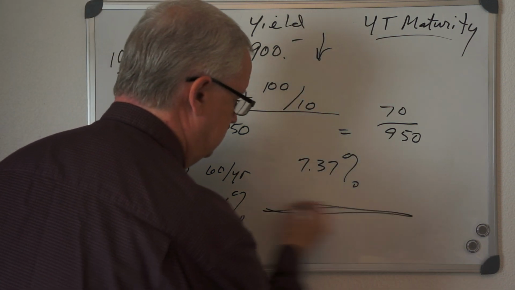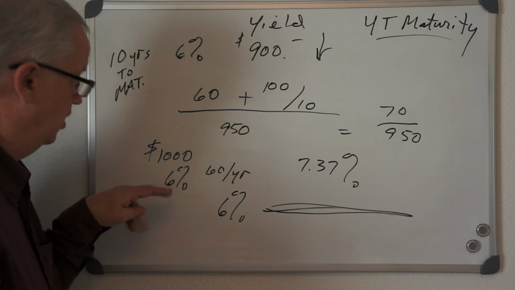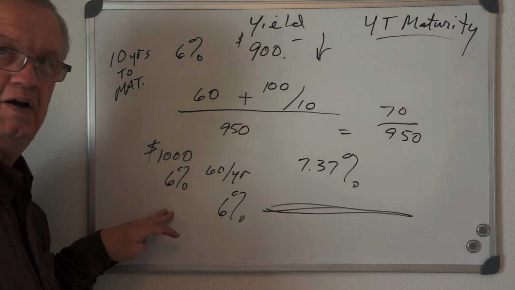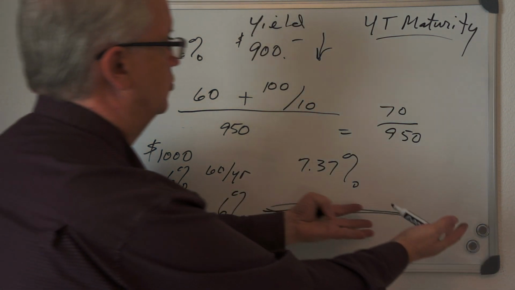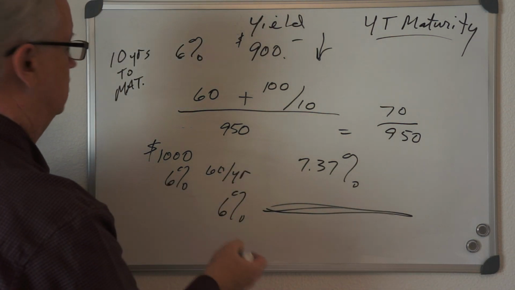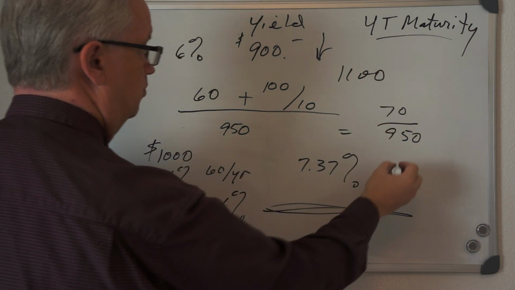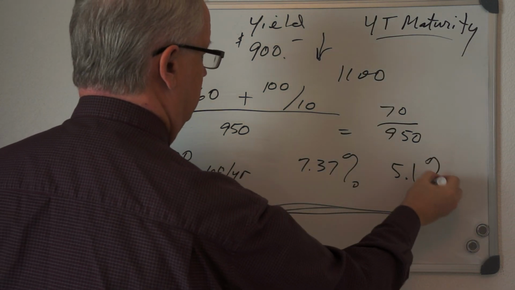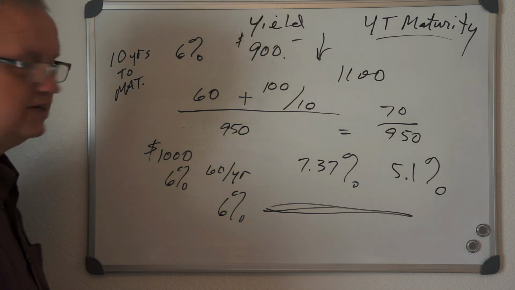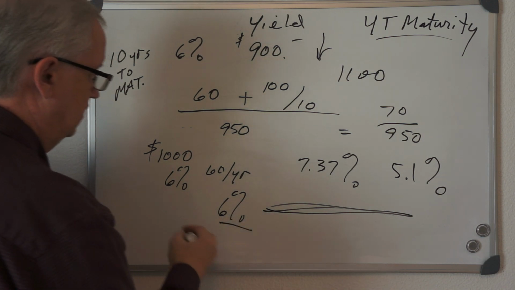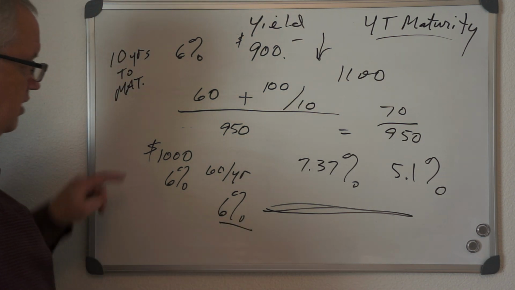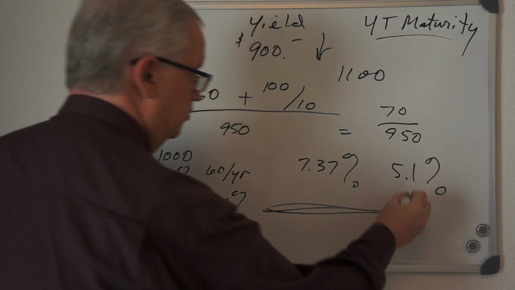It's going to be 6% to the buyer who bought it at this rate. As long as they hold it to maturity, this doesn't matter. What if the price goes up to 1,100? This could be 5.1% or something like that. It doesn't matter. They're getting $60, 6%. They bought it at 1,000. They hold it to maturity.